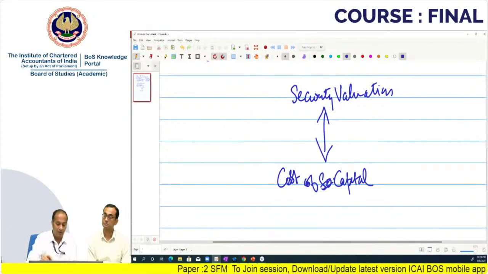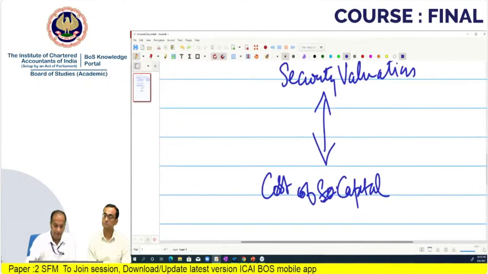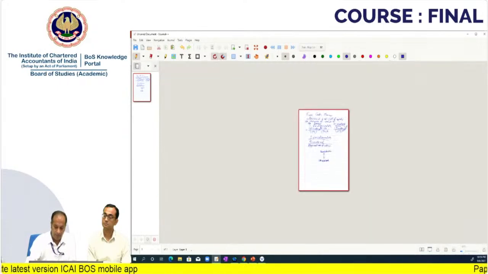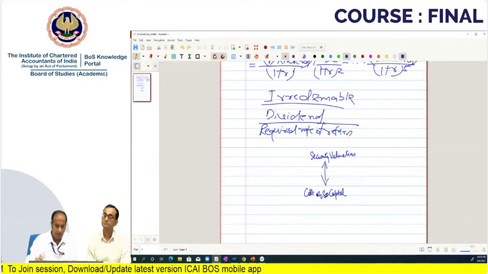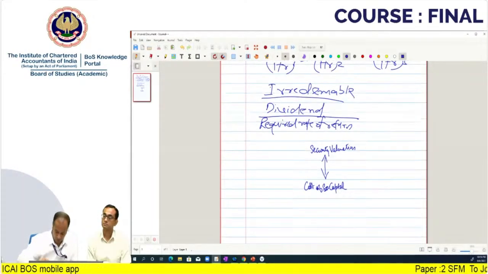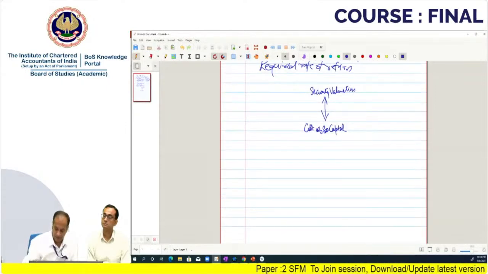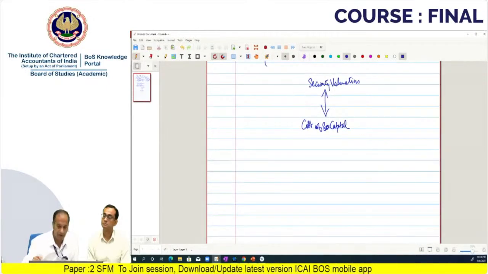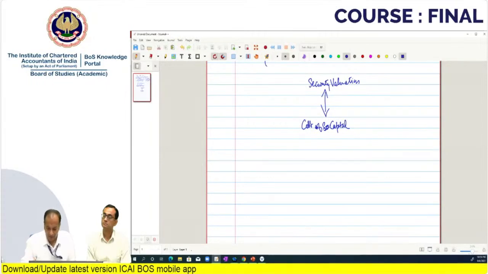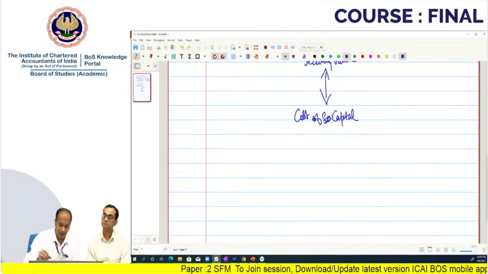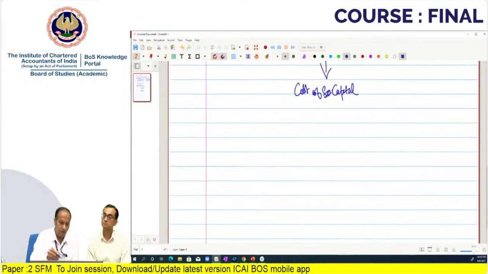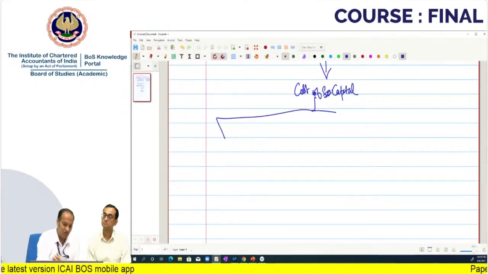Now here in this topic, students, when we talk about the cost of capital, there are three sources.